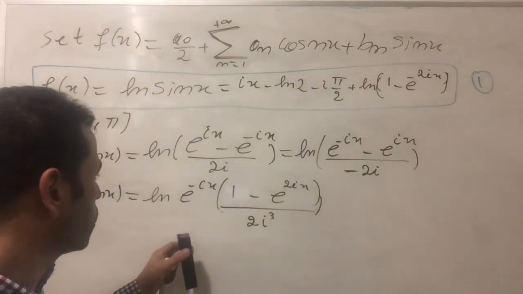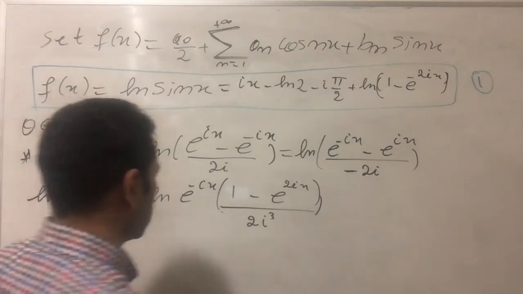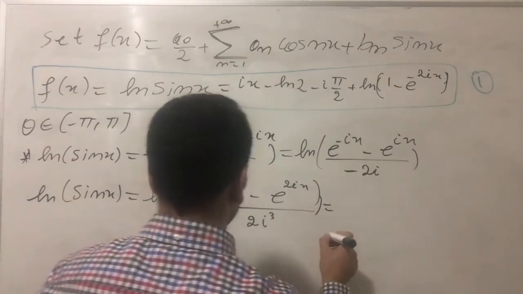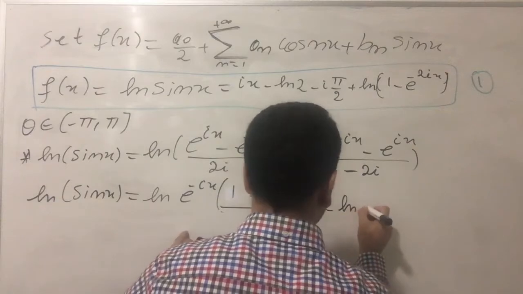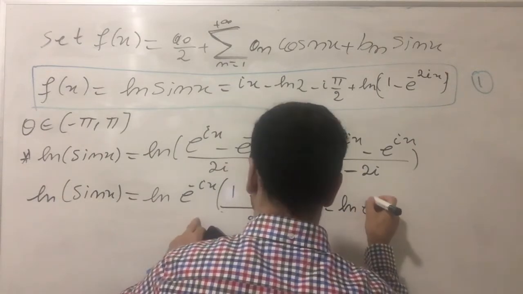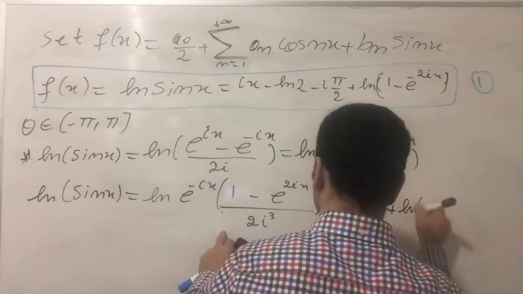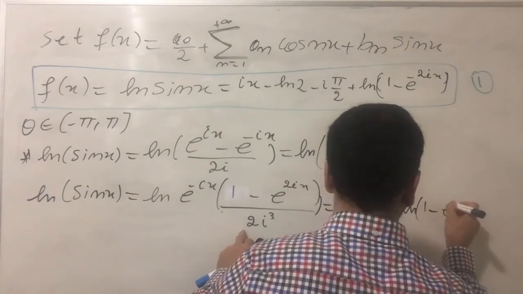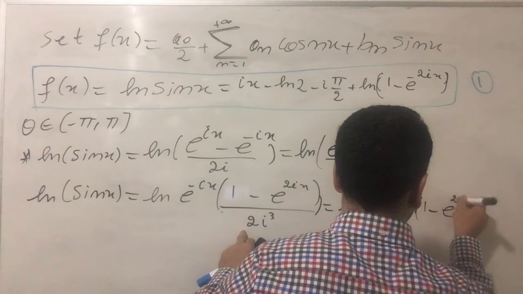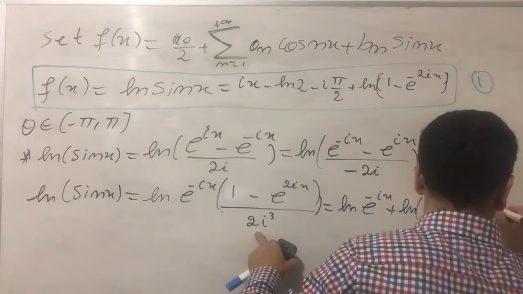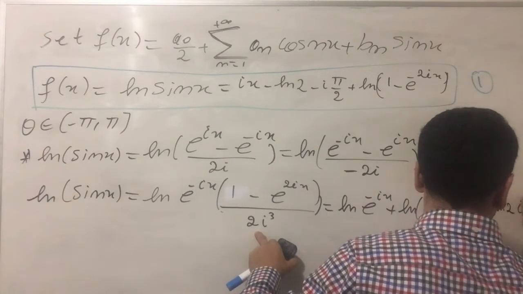I'm going to apply the logarithm rules. This equals natural log of e to the minus ix plus natural log of 1 minus e to the 2ix minus natural log of 2i cubed.